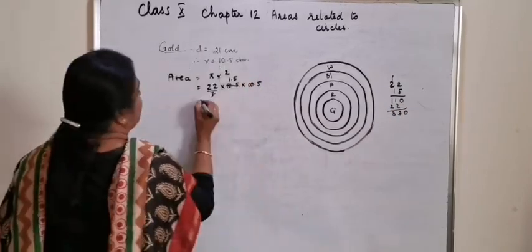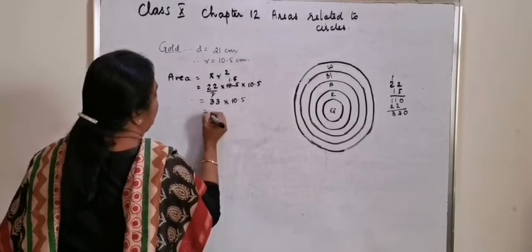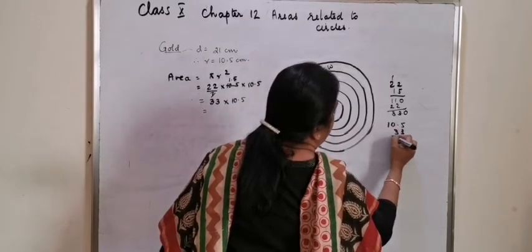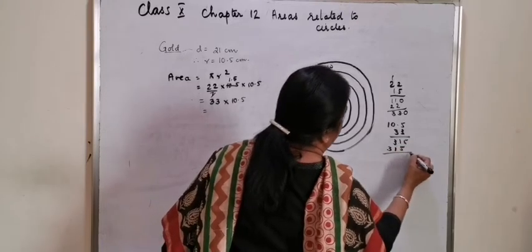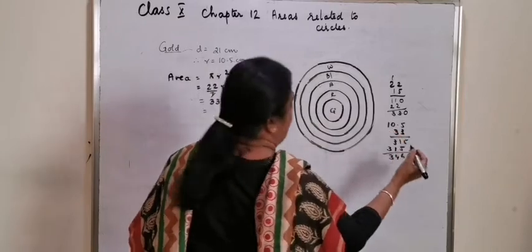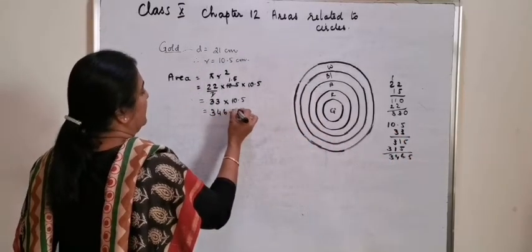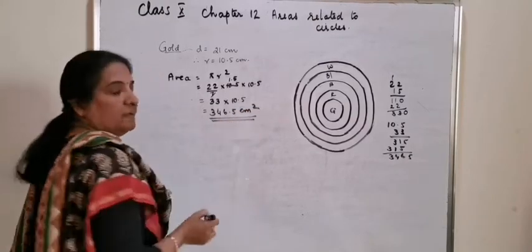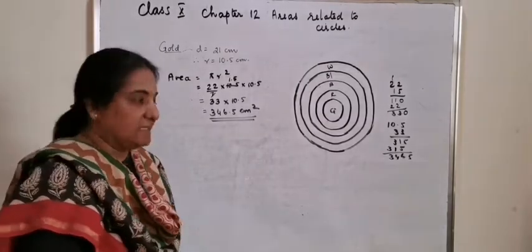It is 33. That is 33 into 10.5, which with 1 decimal place is 346.5 centimeter square.